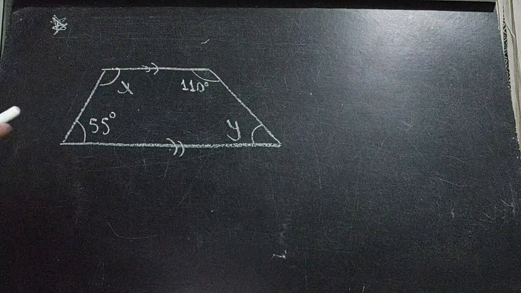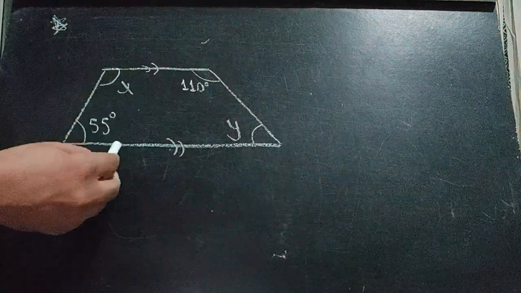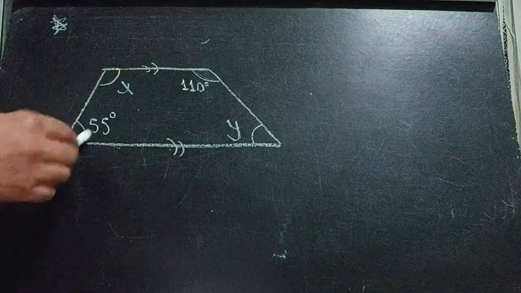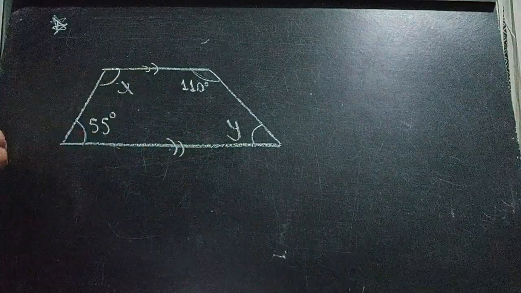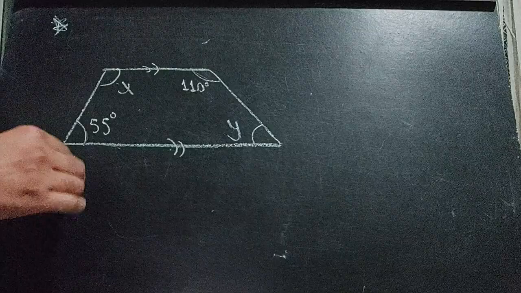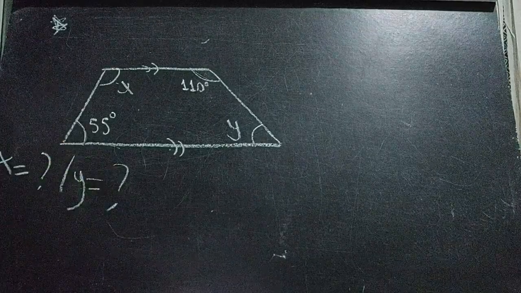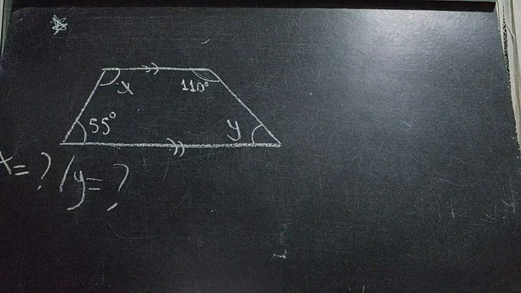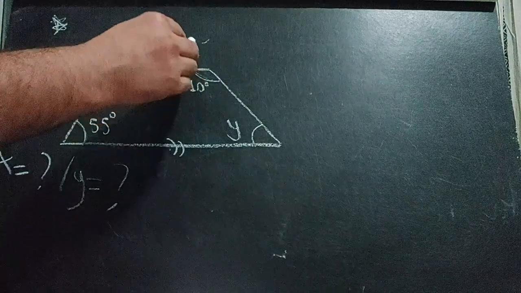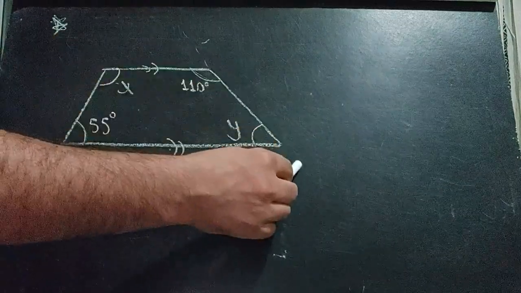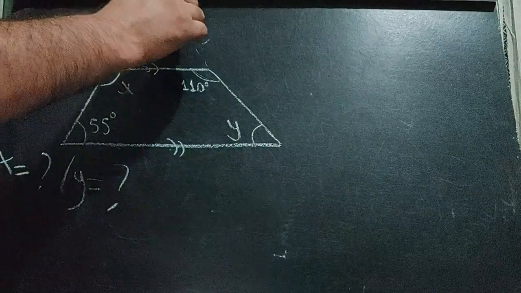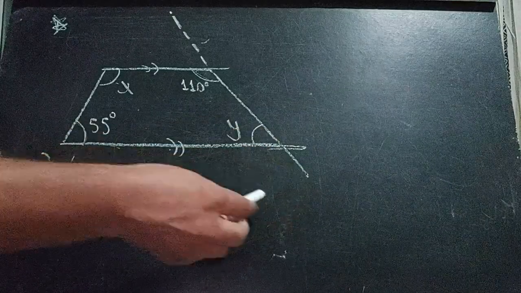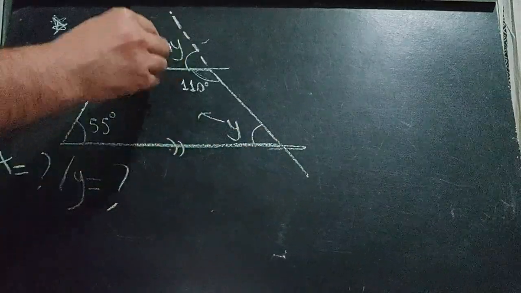Right now, my question is that this and these lines are parallel to each other again. This angle is 110, this is 55, X, Y. What is X and Y? Right, now remember in the previous question I told you sometimes you need to extend some lines. For this one I'm going to extend this line. You can extend from this side or from this side, it's up to you. Let me extend from this side. So this and this parallel to each other, so this and this will be the same.